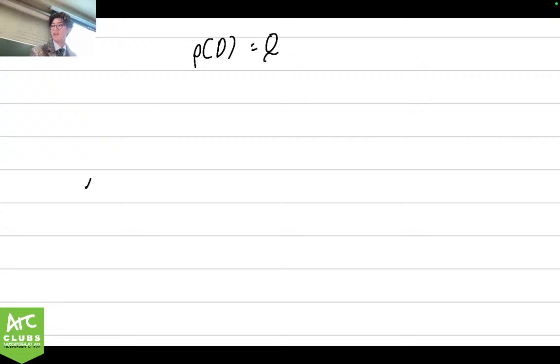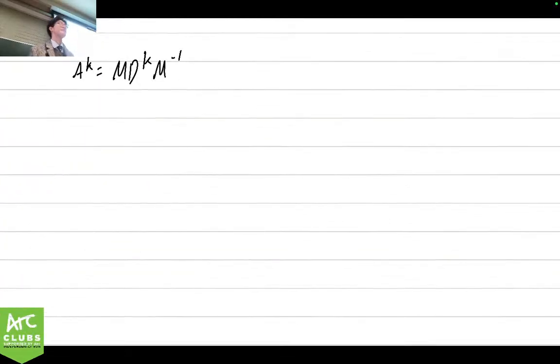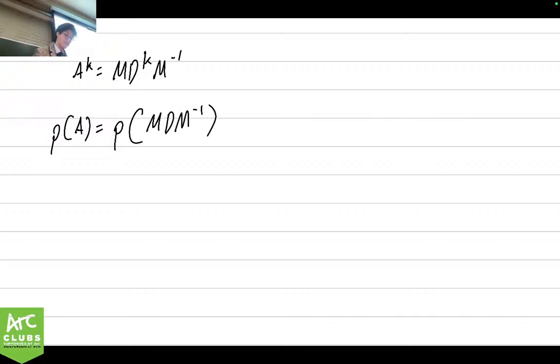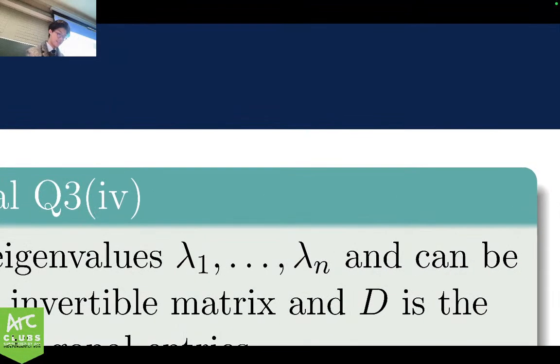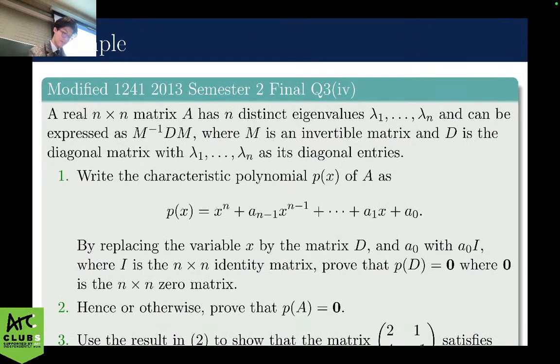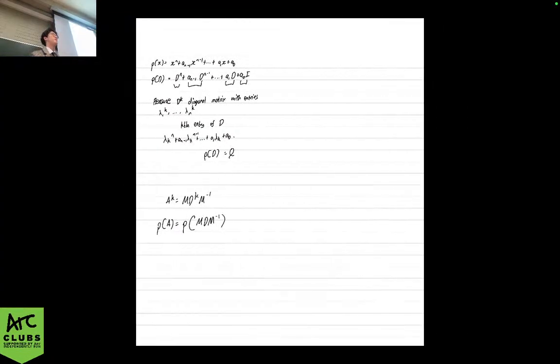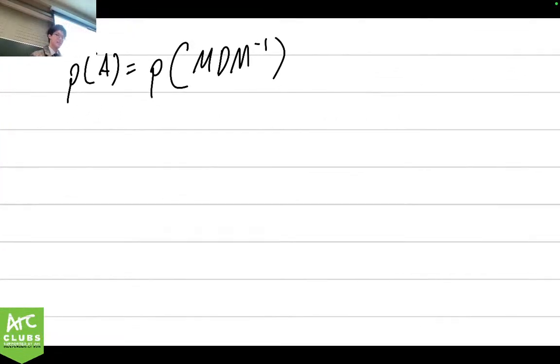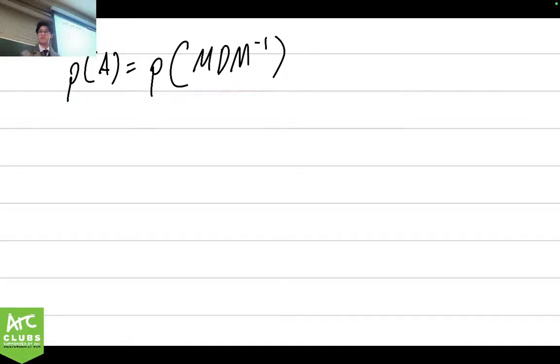First, I know that A to the k equals M D to the k M inverse. Just note that for now, because that's our formula from before for powers of matrices. When I calculate p of A, this will just be p of M D M inverse, because we realize this matrix A is a diagonalizable matrix, so we can express it in the form M D M inverse.